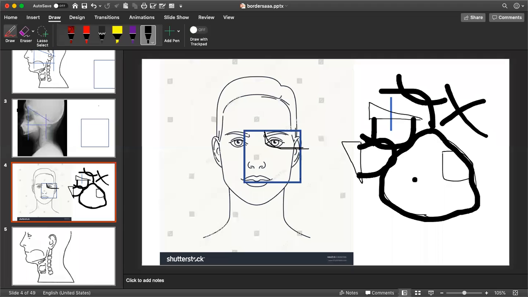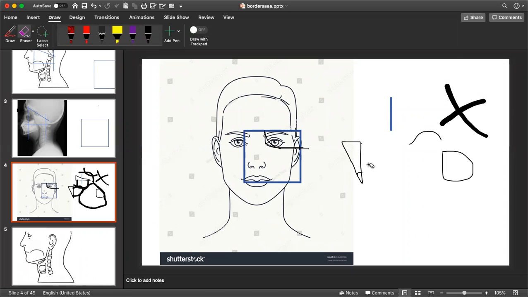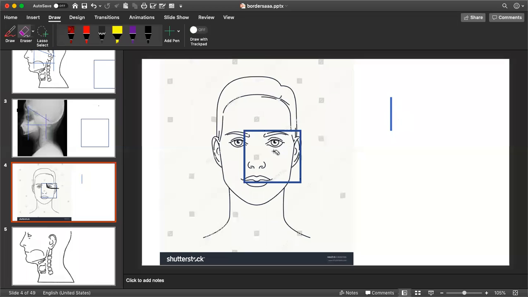The same thing applies when you're using a two-field technique for pelvis. You just superimpose the isodose curves of that field with the other field and see where they intersect and how the resultant isodose curve forms.